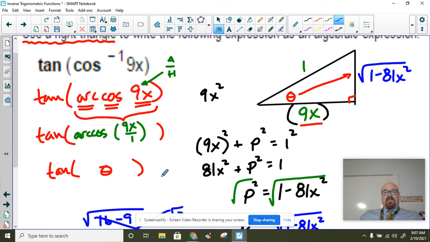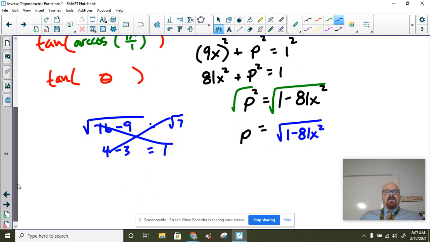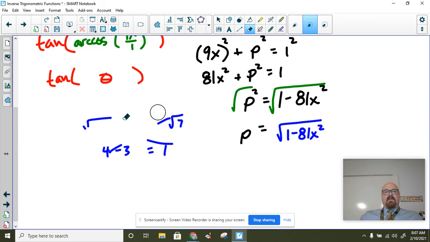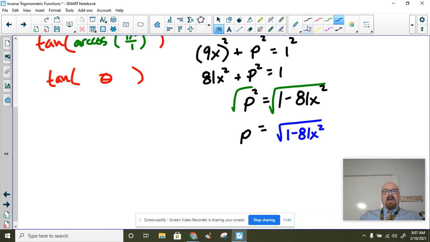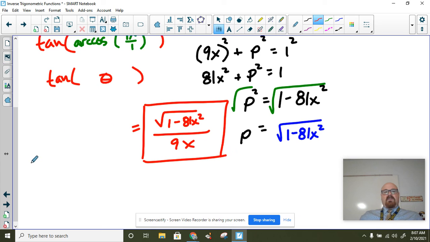It is this value. Sorry, I'm going to have to erase this. The tangent of theta is the opposite side, which is the square root of 1 minus 81x squared, over the adjacent side, which is 9x, which is a horrible looking expression, but it is what it is, right? I wish there was a better way to say it.